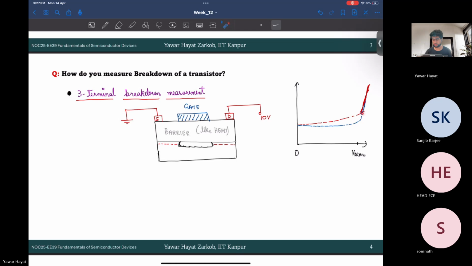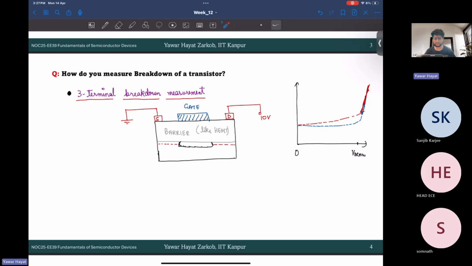Suppose there would be a point when this device goes into breakdown, right? A very large drain current or very large gate current flows. So we record that point. That would be the breakdown voltage, and this breakdown voltage would be known as the three-terminal breakdown voltage.